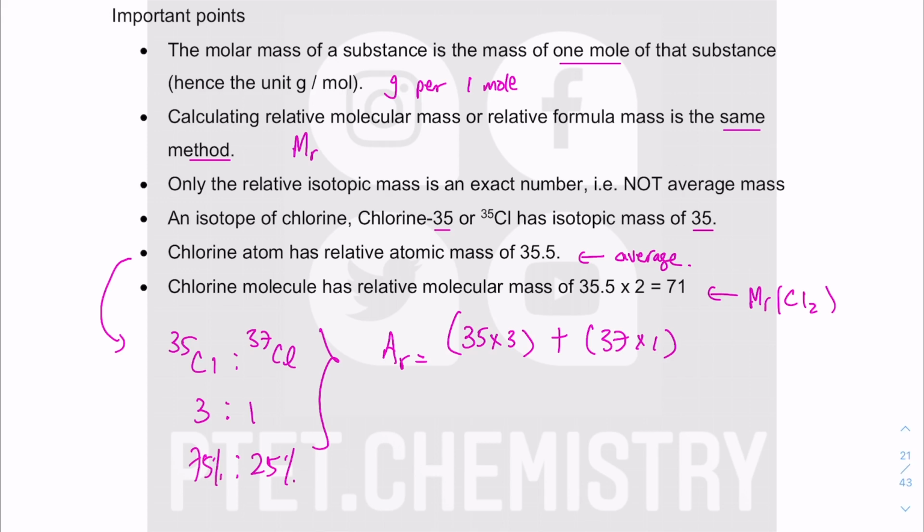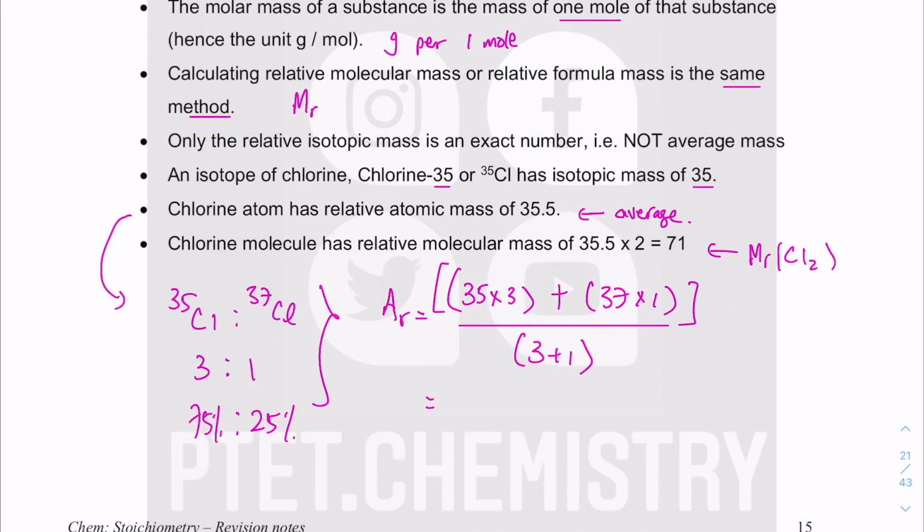Then you divide that by 3 plus 1. So use brackets. Okay, so 35 times 3 plus 37 times 1, you're going to get 142. So 142 divided by 4, you are going to get 35.5.